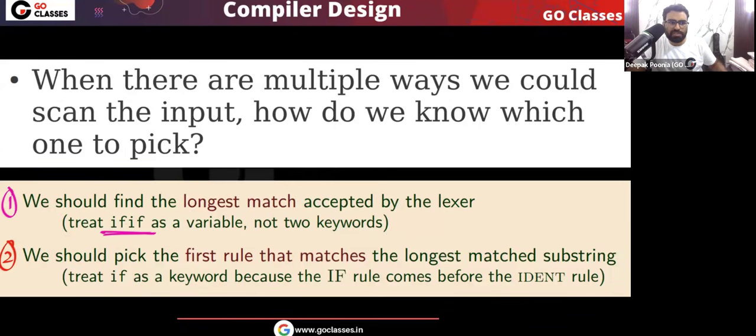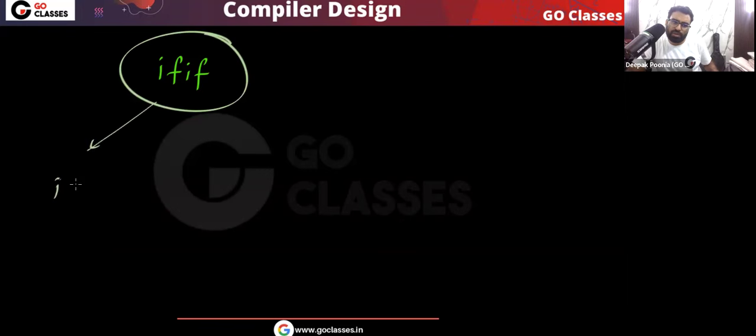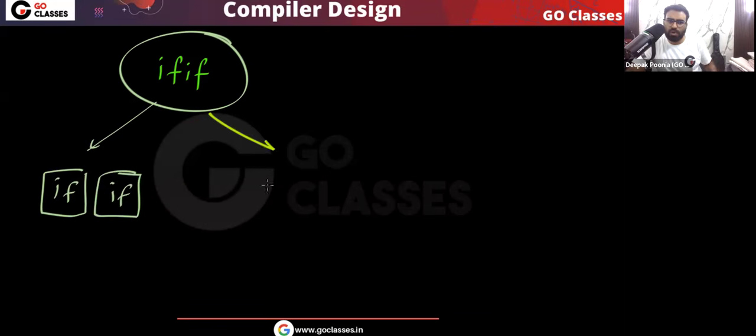So remember, if you see this "if" in your code, tell me what you will do. Will you say there are two keywords, or will you go long? I told you to go long.